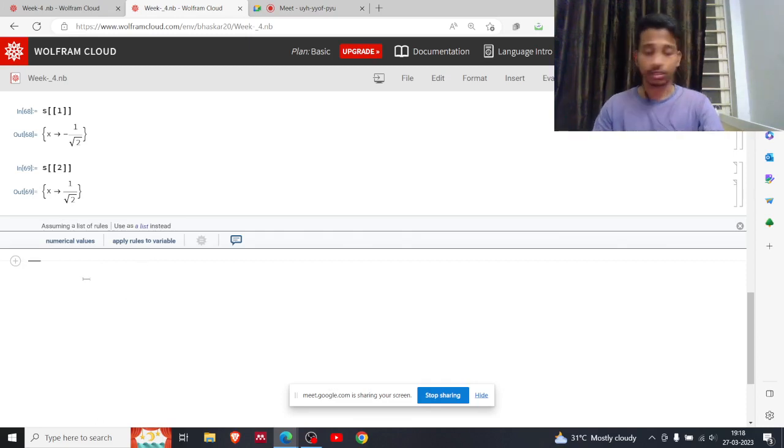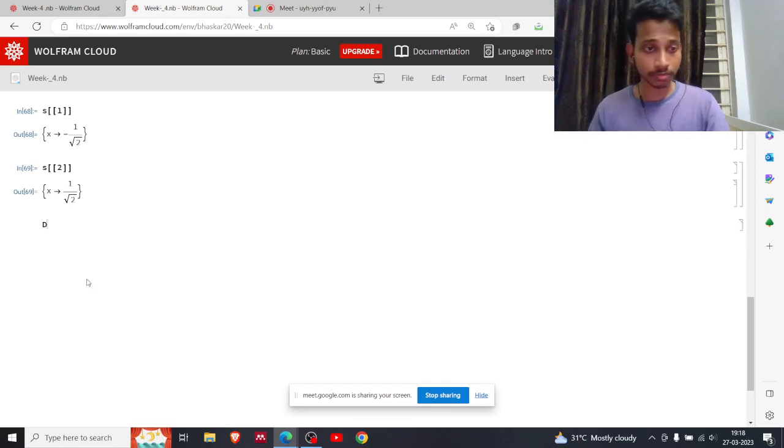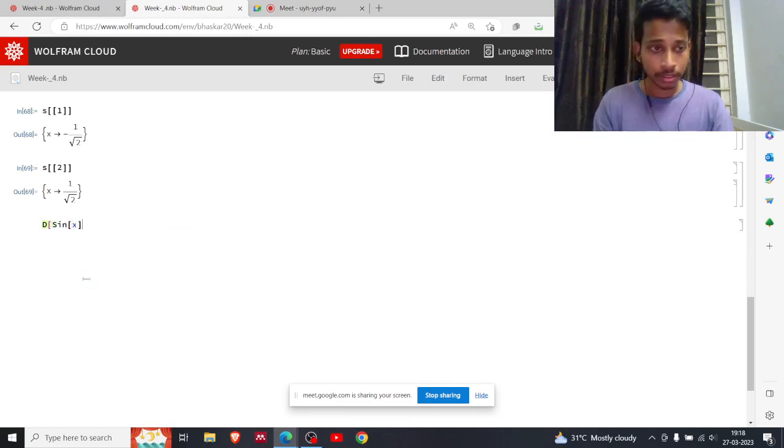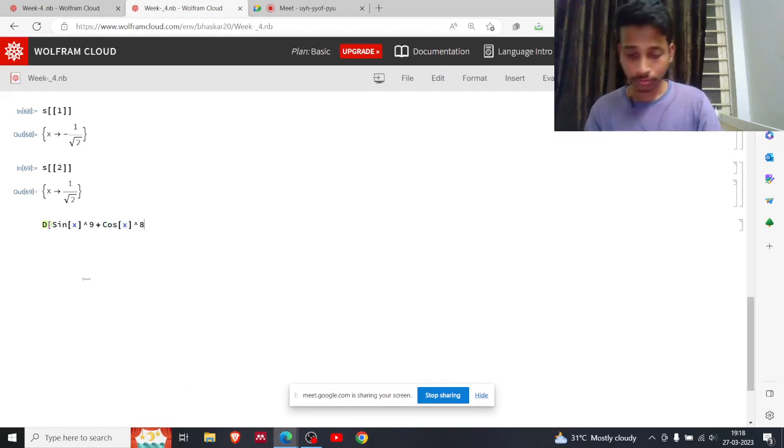Now let's see a more complicated example of the use of this function D, that is sine x to the power 9 plus cos x to the power 8, x comma 7.